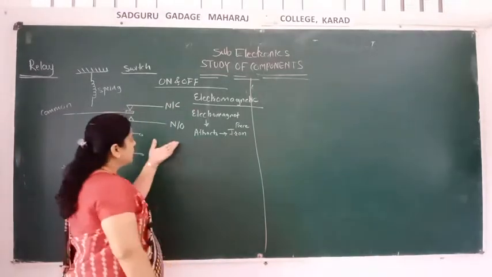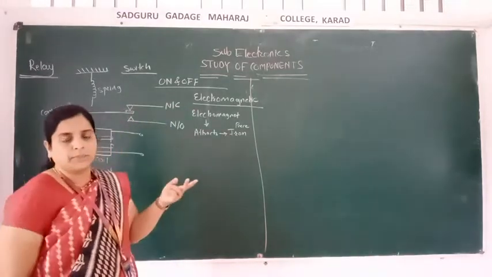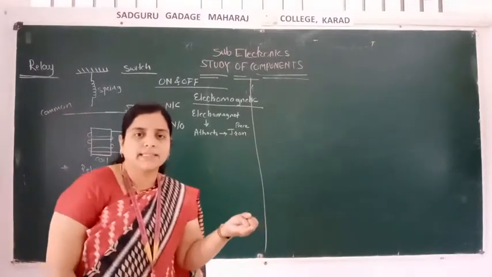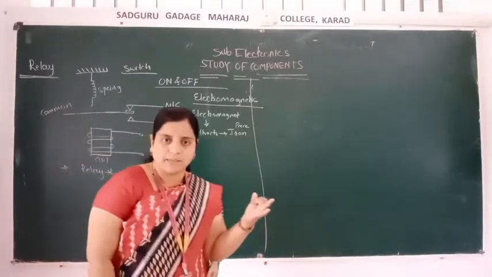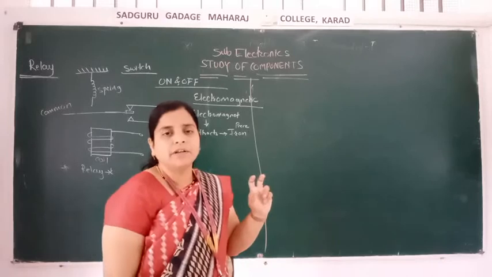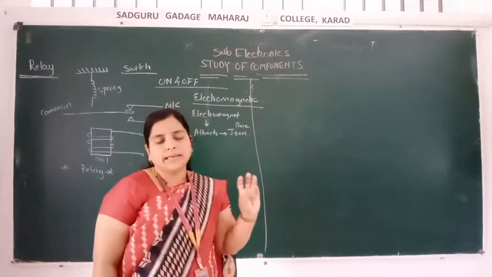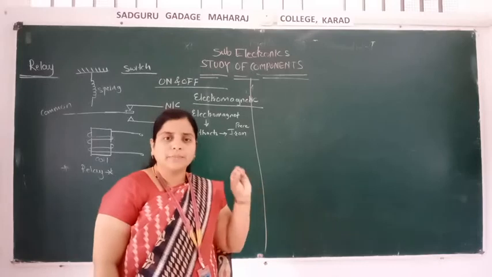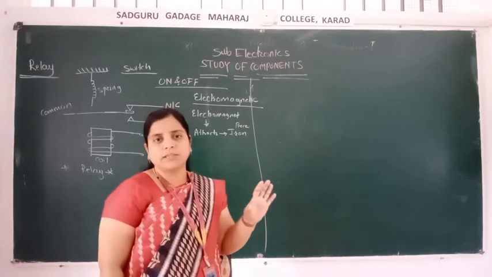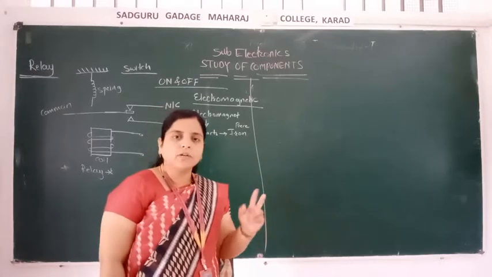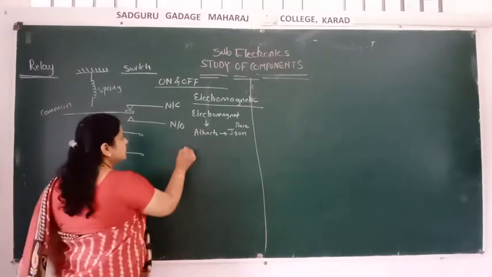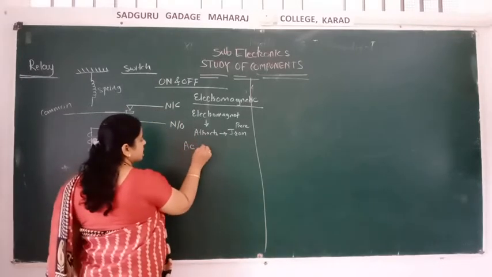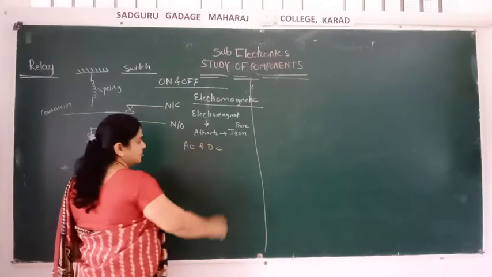See here, it works on both supplies, whether you have the AC supply or the DC supply. So this relay will work on both supplies, AC supply or DC supply. It is not particularly required that you must give the AC supply or the DC supply. No, it will work on both supplies, AC and DC.